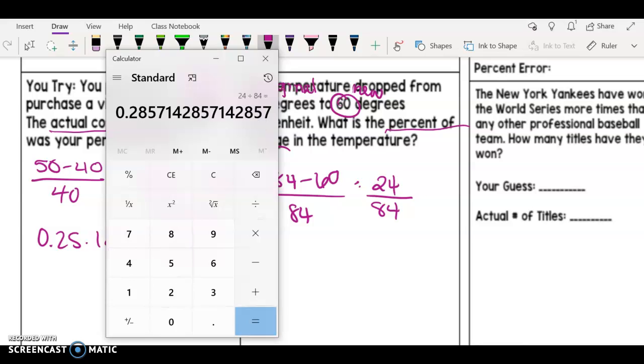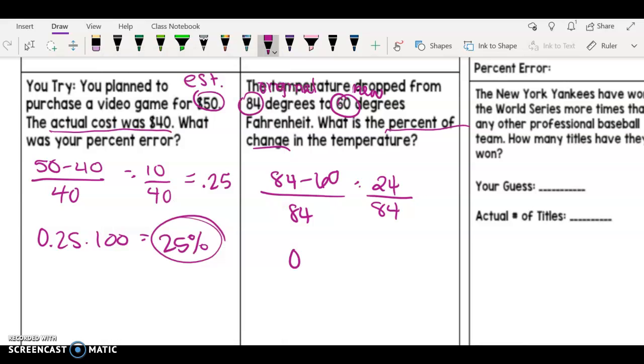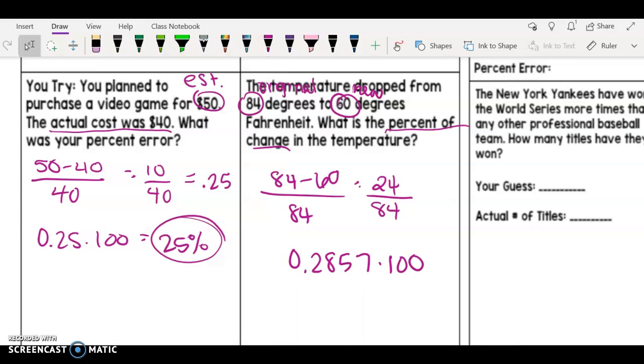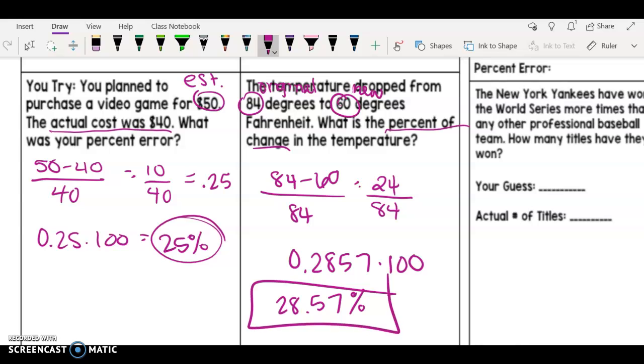And I get 28.57. So 0.2857 times 100, because we want a percent. And we get 28 and 57 hundredths of a percent. All right.